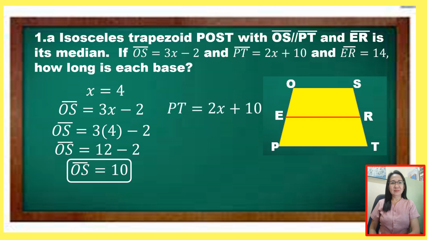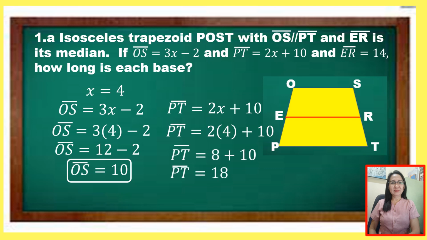Similarly, for PT, which is represented as 2x plus 10, let us substitute x is equal to 4. So PT is equal to 2 times 4 plus 10, where 2 times 4 is 8 plus 10 is equal to 18. So PT is equal to 18.